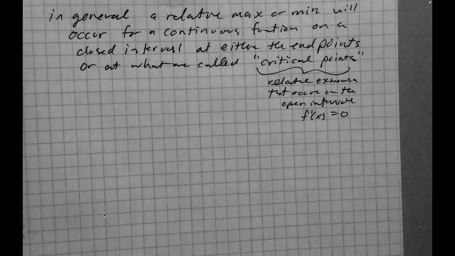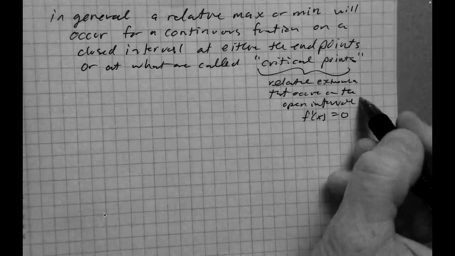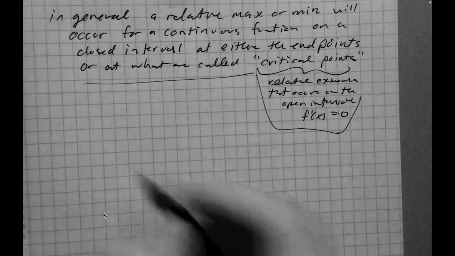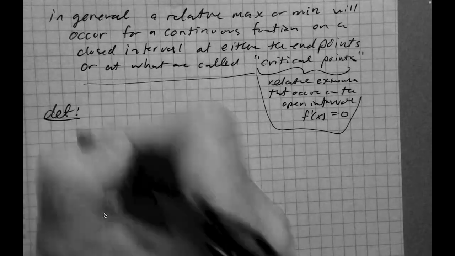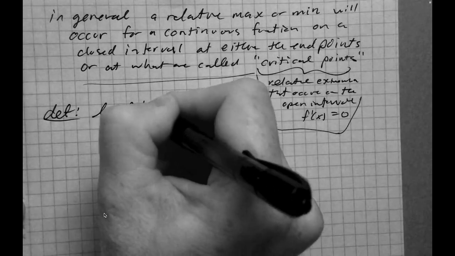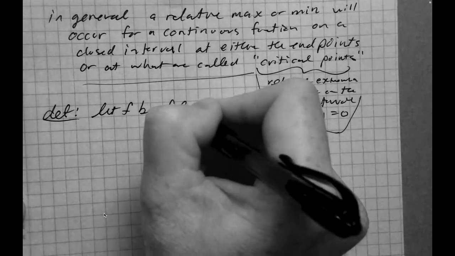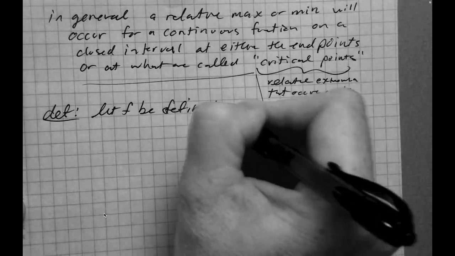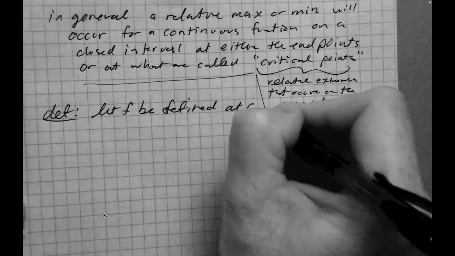Although this is technically a little bit incomplete as well, let's clean this up even further. So let's throw out a definition for critical points. Let f be defined at c.